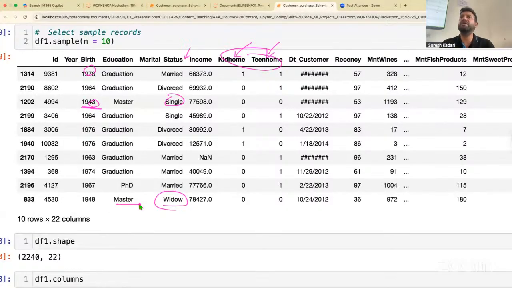So that means we can do a lot of demographic analysis. If you are highly educated, will you respond to an offer or not? If you're highly educated, will you prefer web purchase or physical purchase? If you're not educated, or if you're married, if you're single, do you come to the store or go online? Like that, we can analyze so many things.